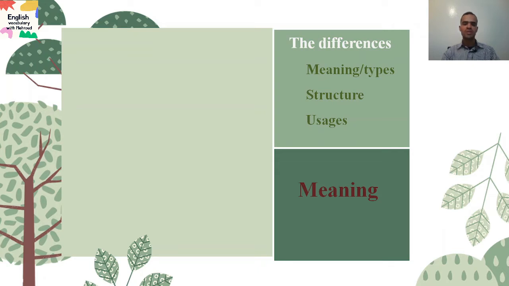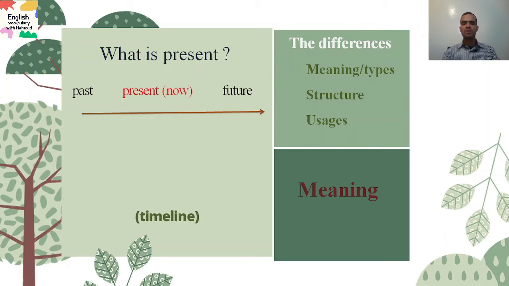So, what is present? If we see it on a timeline, of course, it will be easier for us to identify what the present is exactly. So, we have the past, present, that is now, and future. The past is anything that happened before the present. So past is always before present.